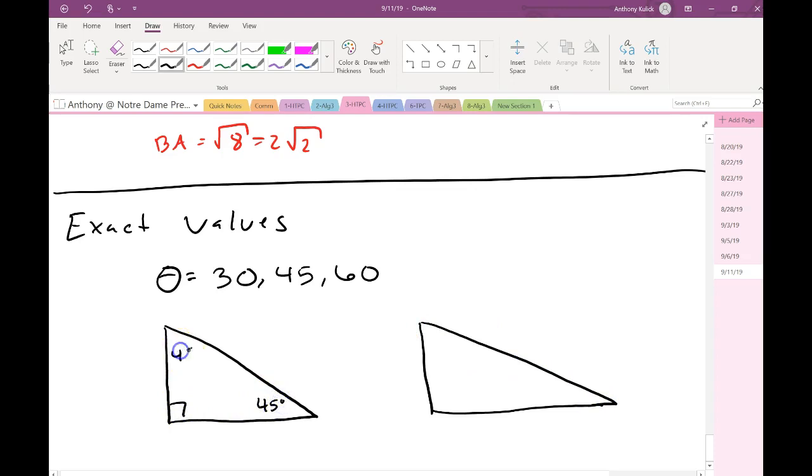So if you remember the 45, 45, 90 triangle, it has side length ratios of x, x, and x square root 2. And if I have a 30, 60, 90 triangle, the side length ratios are x square root 3, x, and then 2x.